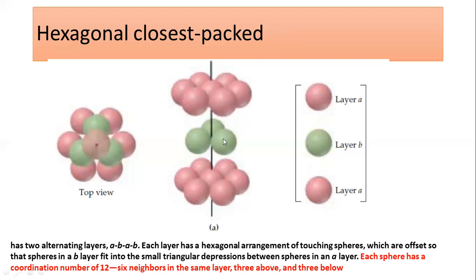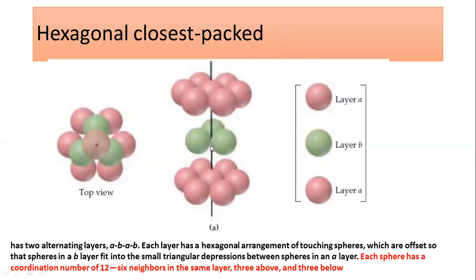Then this is the triangular depression. The triangular depression means this is the depression of this triangular shape. And now I am going to put a ball over this. So this ball will be touched with the 3 spheres above, because this depression will fit on this ball.